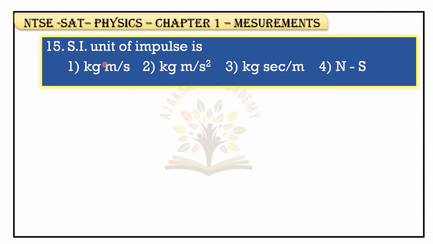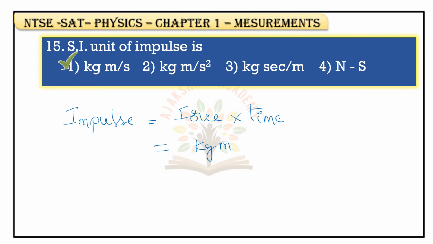Newton second. Here the SI unit of impulse is kilogram meters per second. First option is correct because the formula for impulse is force into time. The product of force and time gives impulse. The unit of force is kilogram meters per second square and the unit of time is second.